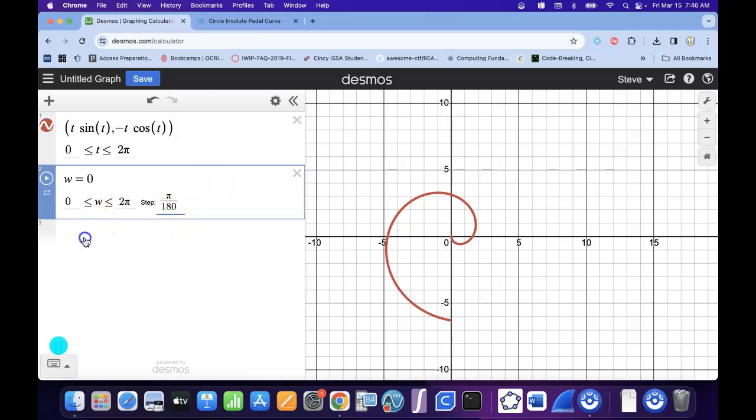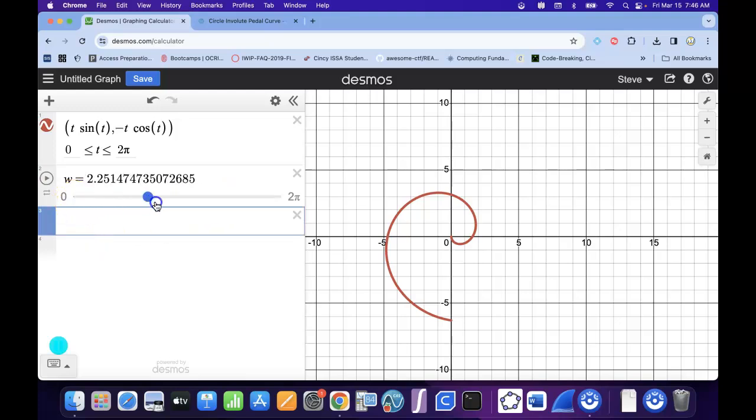Now I want to make a point. So when I drag the slider, that point will move along the curve. And so I'm just going to rewrite this thing down here, but I'm going to use W's. So W sine of W, and then negative W cosine of W. And so there is the point, and let's make that point bigger.